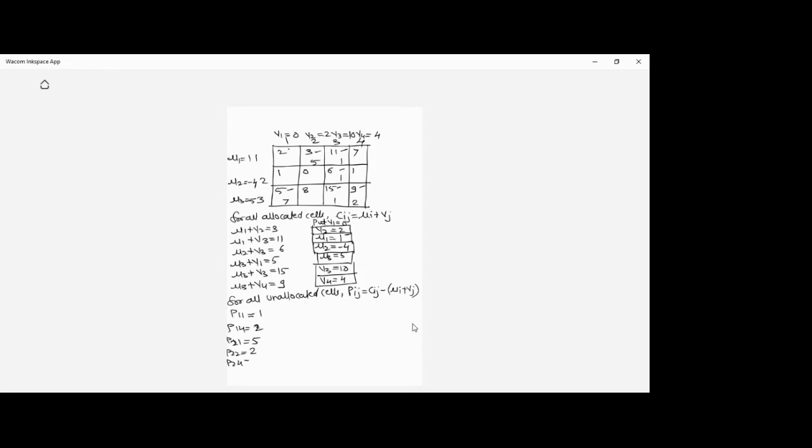For P24 we have minus 4 plus 4 is 0, and 1 minus 0 comes out to be 1. Lastly we have P32, and it is 5 plus 2 is 7, and 8 minus 7 is 1. So here all values are positive, and we get the optimal solution for this problem.